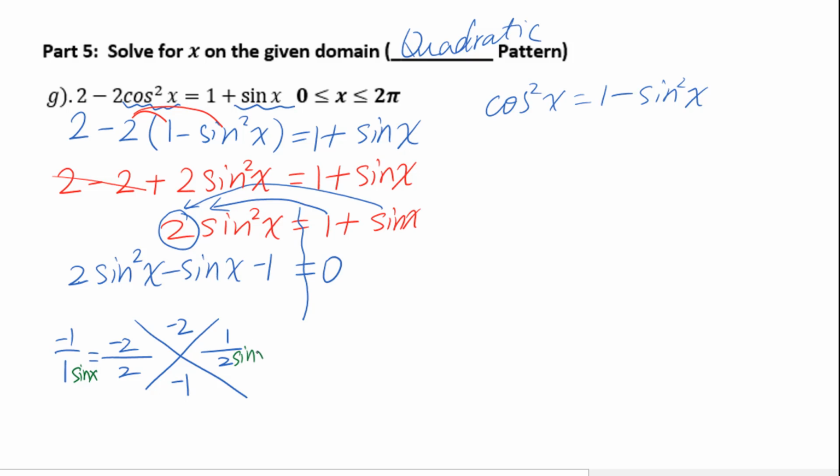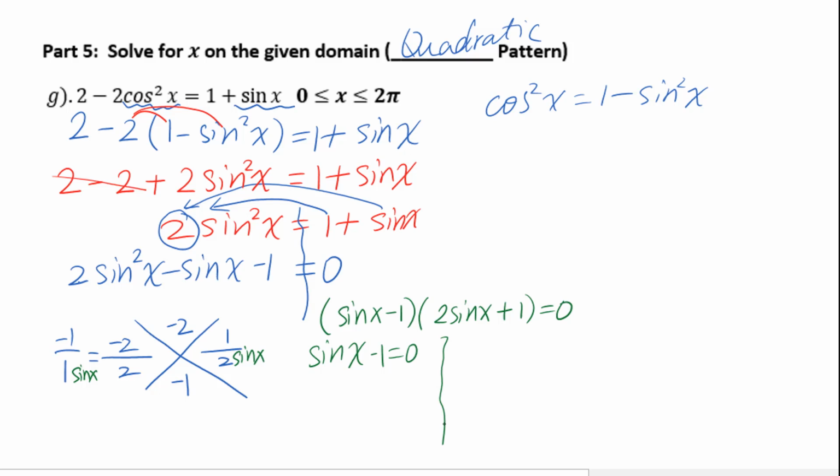Sine x. So bottom up, you can get a factor sine x minus 1 and 2 sine x plus 1 equal to 0. So you will get sine x minus 1 equal to 0 and 2 sine x plus 1 equal to 0.